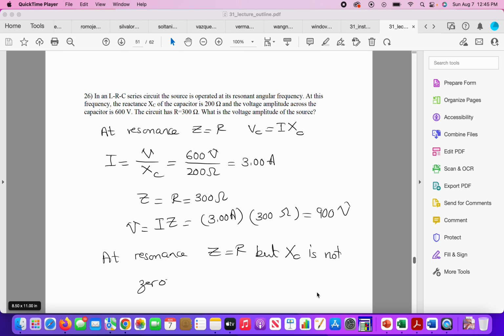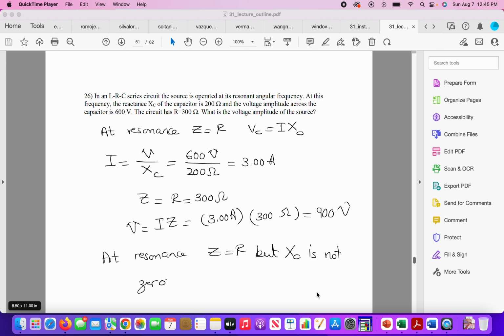Now, what is needed here is that at resonance, the impedance of the circuit is going to equal R. And we can use the information for the capacitor to calculate the current of the circuit.